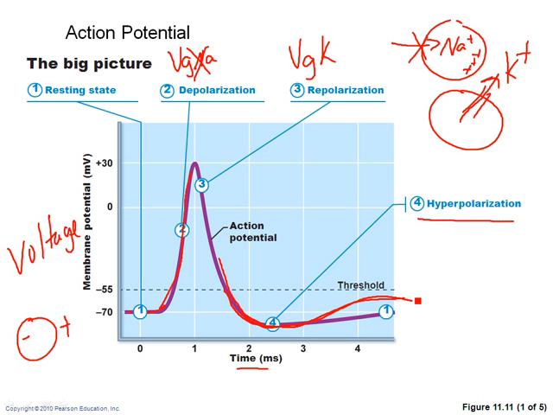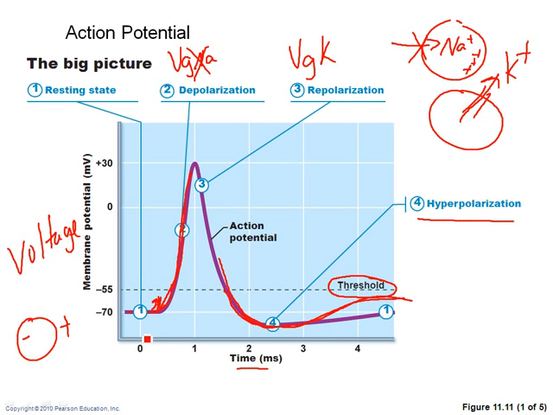Now you'll notice something here called threshold. I didn't touch on this in class yet; I was going to do this later. Action potentials, once they go, they go. Once an action potential reaches minus 55, it's going to go. Let's pretend you sent a small signal, just a little bit of a stimulus, and a few voltage-gated sodium channels opened, but not much.